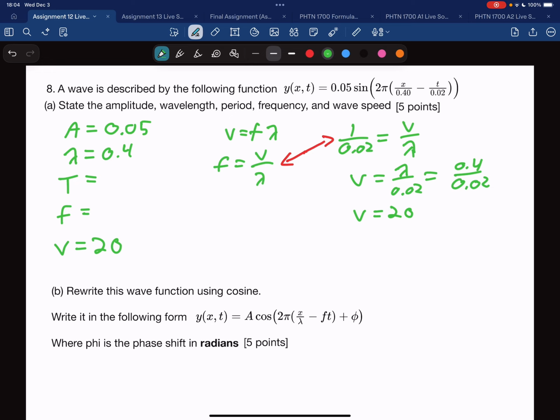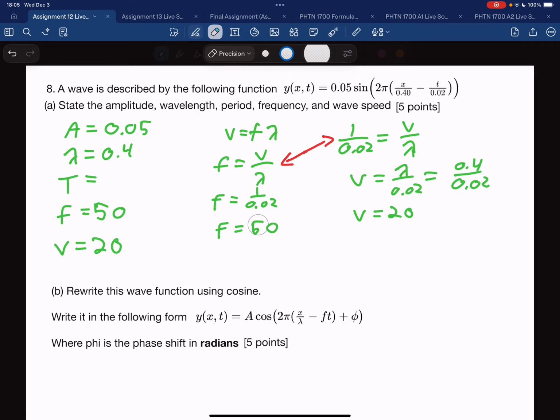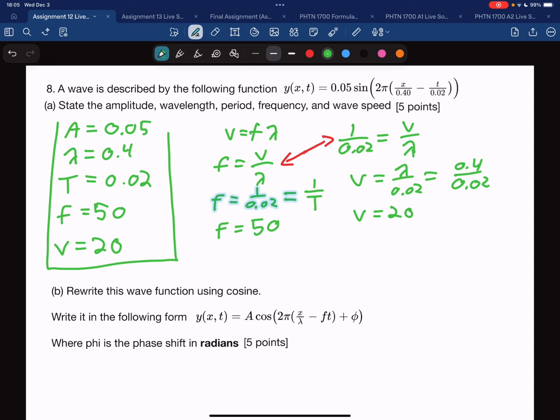So the frequency is then also equal to 1 over 0.02. So the frequency is 50. Lastly, the frequency is also equal to 1 over the period. So therefore the period has to be 0.02. So this is what I was looking for right here.